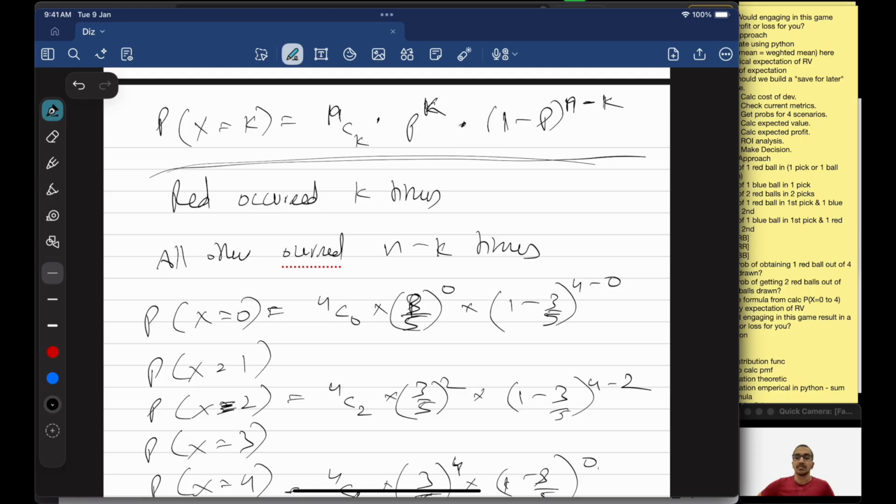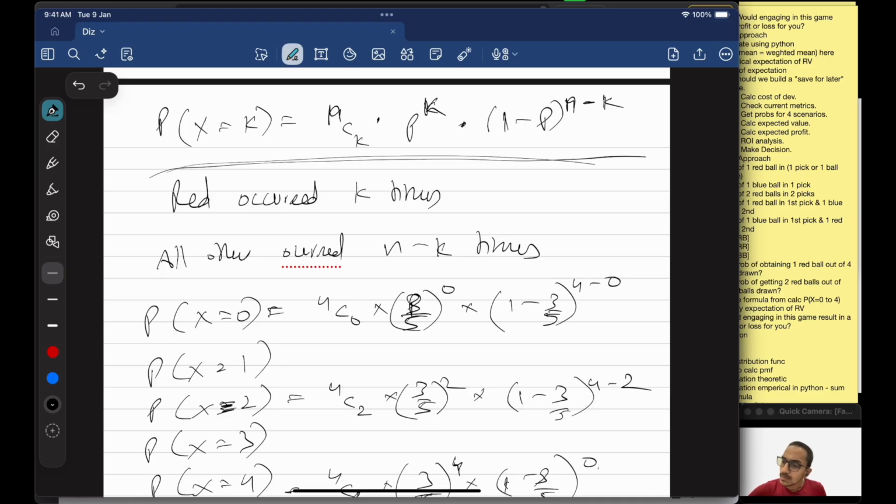So what is PMF? Just to refresh, the probability mass function. It is the probability that I can get exactly a particular value for a discrete random variable.